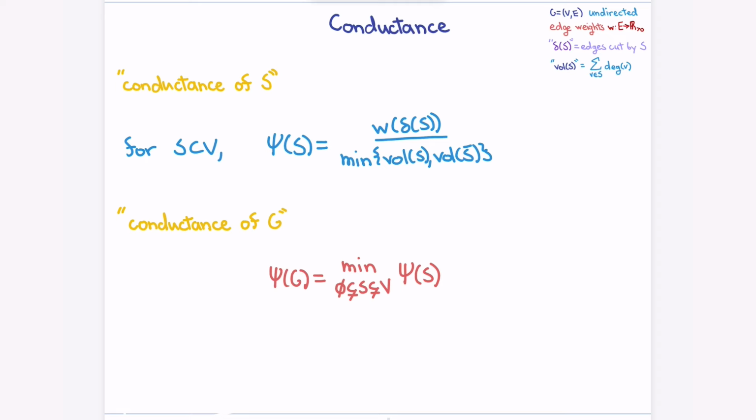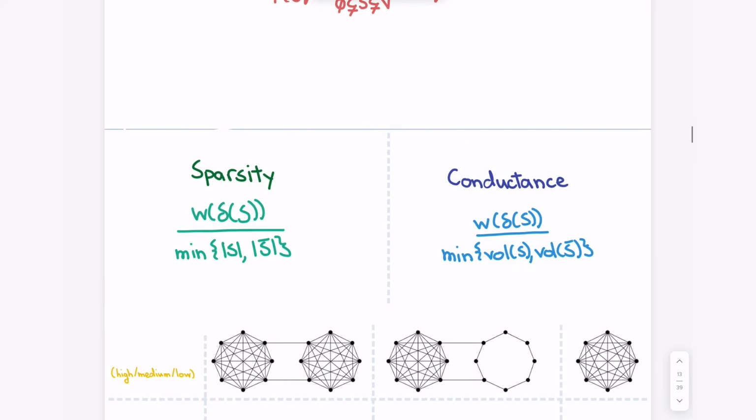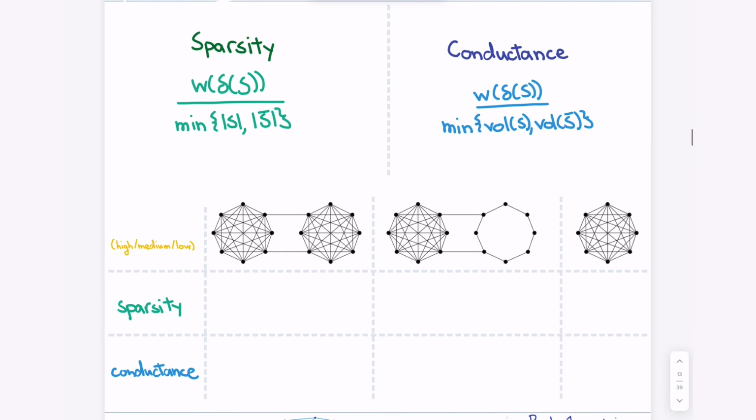The conductance of a graph will be the minimum conductance over all possible sets. I have some nice examples for us, to help us appreciate the slight difference between the two definitions.